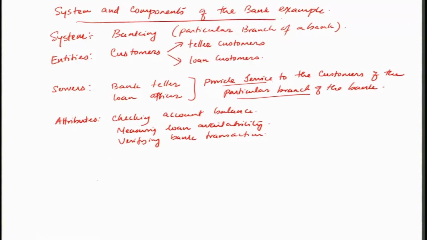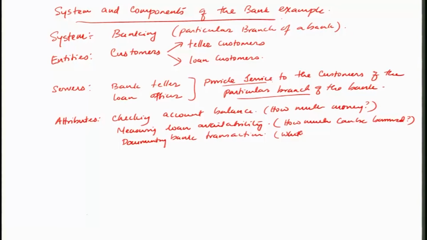There are many attributes that you can think about. Checking account balance is how much money is there in the bank. Measuring loan availability means how much can be borrowed. Documenting bank transaction is whether money reached. So, these are the attributes of a particular individual.